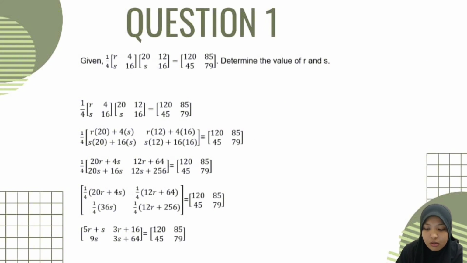So for the third step, I multiply 1/4 inside the matrix.